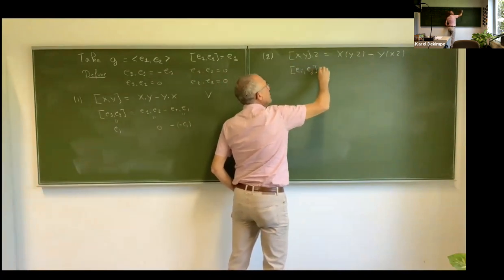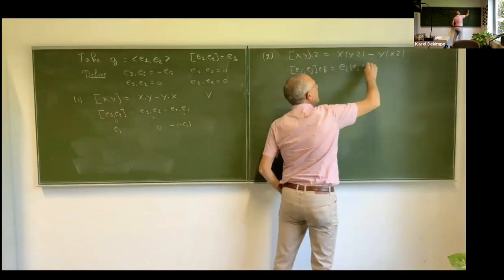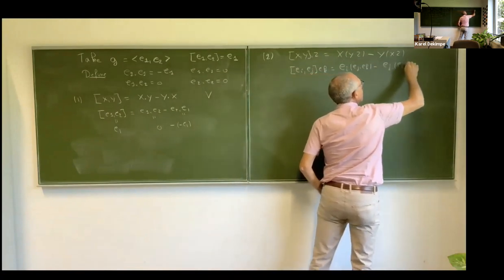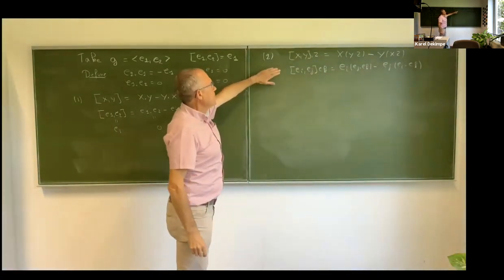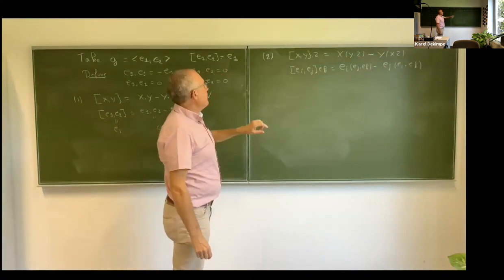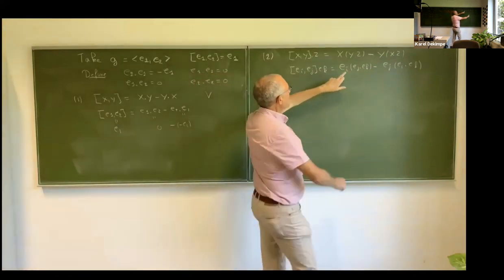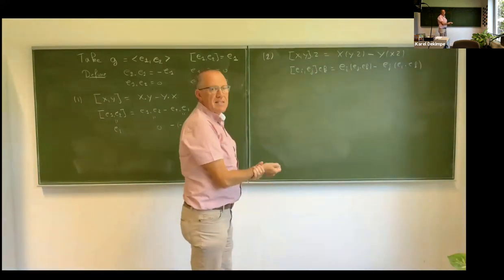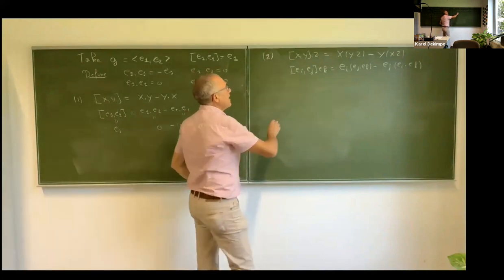So I take all possible combinations of this form, and I have to check that this is okay for all possible choices of i, j, k between 1 and 2. First fact is that if i is equal to j, this term becomes 0, and of course, these two terms are the same. You subtract them from each other if i equals j, so the right-hand side also becomes 0. So it's easily satisfied when i equals j.